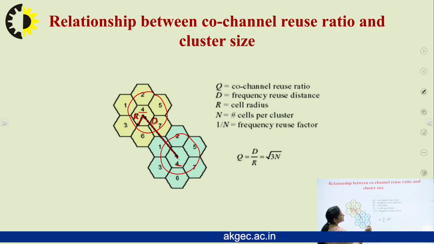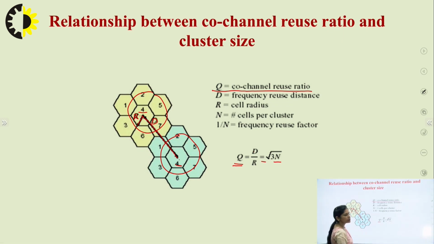Now Q, the co-channel reuse ratio, is denoted by D by R, that is, distance upon radius, and it depends upon cluster size also. It is given by the square root of 3n, where n is the number of cells per cluster.